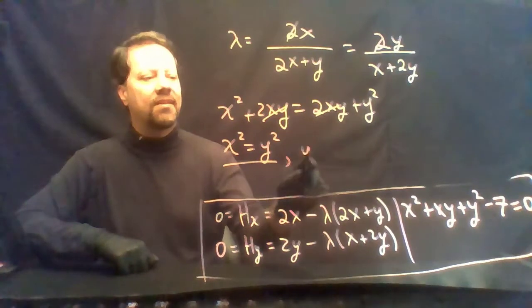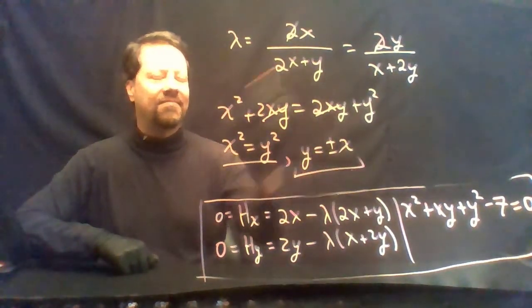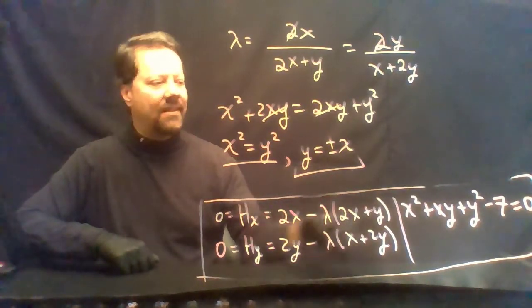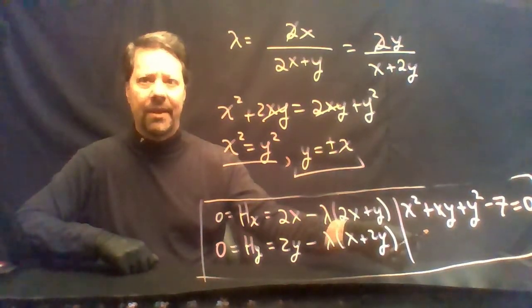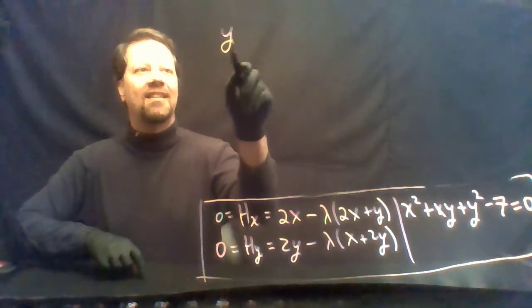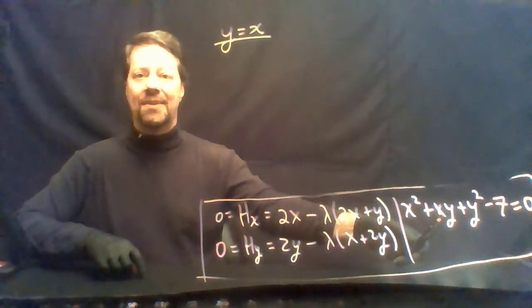This gives us y is plus or minus x. We'll have to plug each of these lines into the constraint equation and solve those separately. First, we'll assume y equals x.